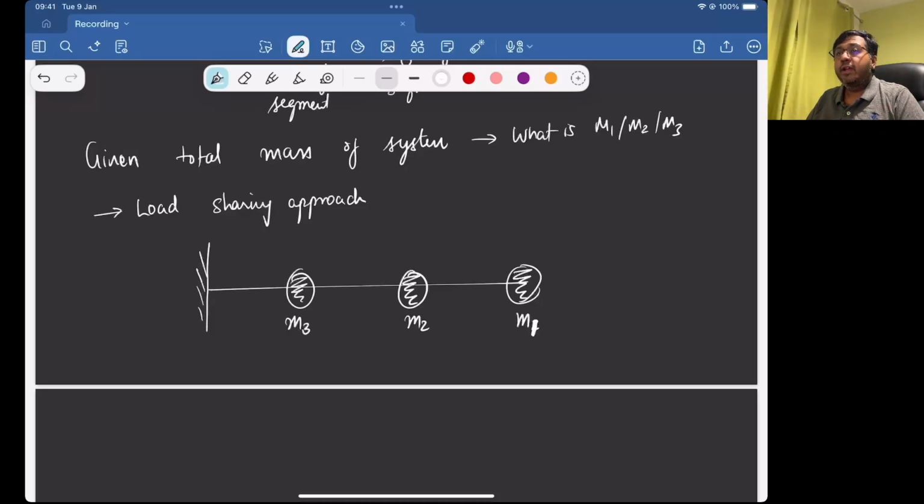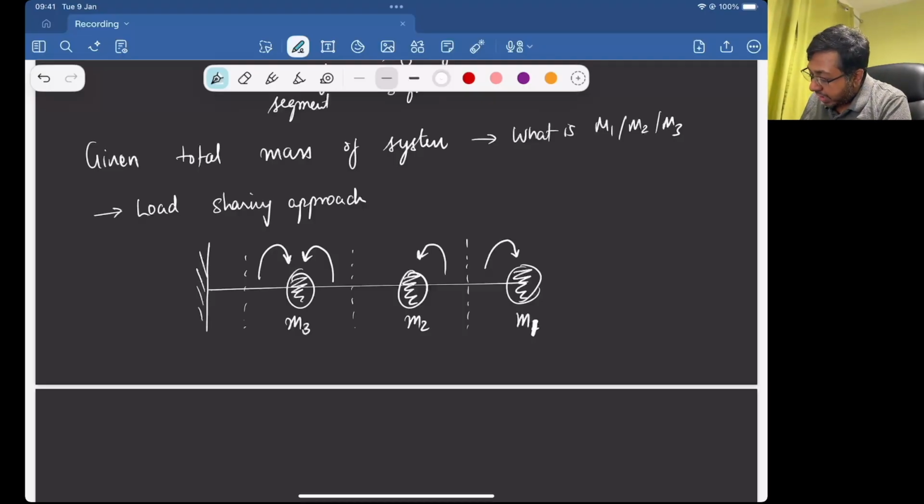I am saying that if I was to take this segment and divide each of these into equal parts, then each of these masses should be equal to the sum of the mass of the segments which are adjacent to it. For example, M1 has only one segment that is adjacent to it, while M2 and M3 both have two segments that are adjacent to it, right?